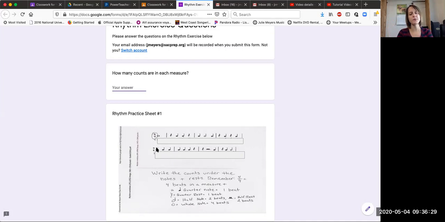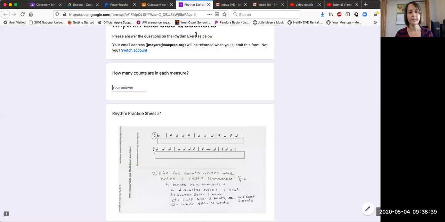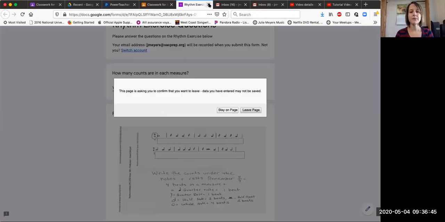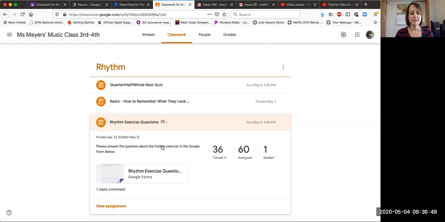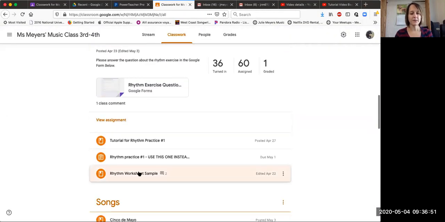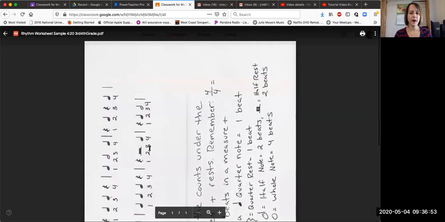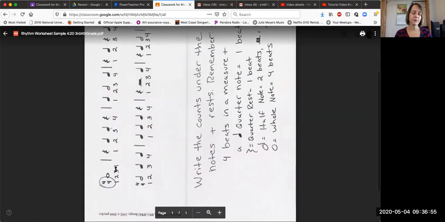And for some of you who have had trouble filling this out, I wanted it to look like the example, so I'll show you again because some of you were not really writing what you were supposed to be doing. So I wanted the numbers 1, 2, 3, 4 in each measure.